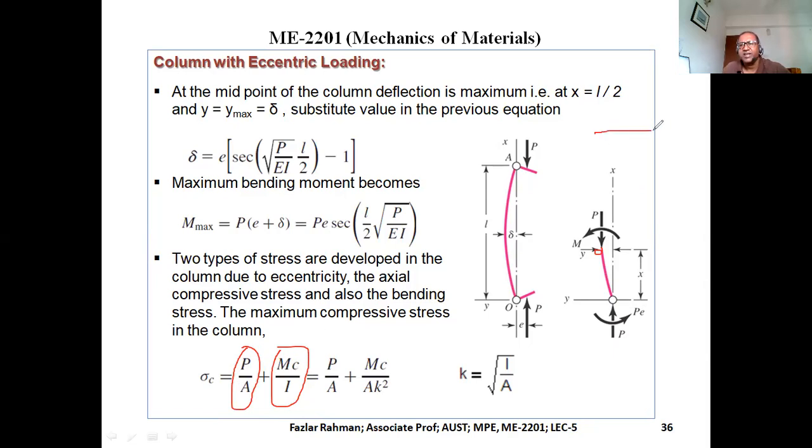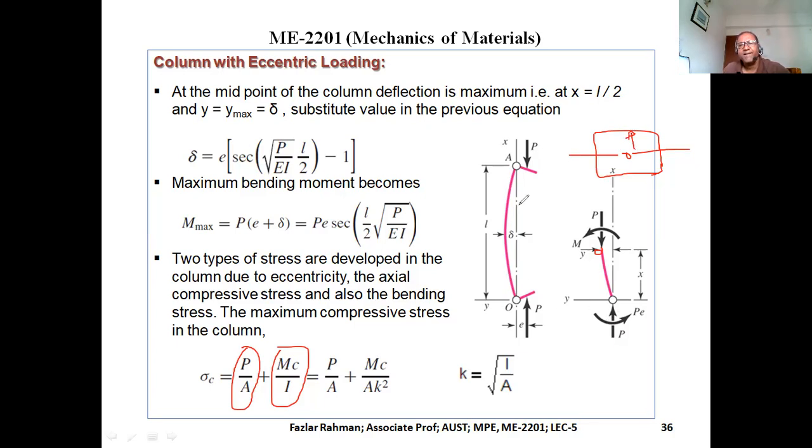Say we have a column with this type of cross section. This is the neutral axis or centroidal axis. So your C will be the distance from the CG to the outer fiber of the column cross section, same as in beams.